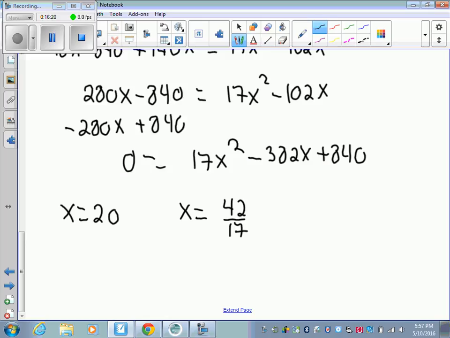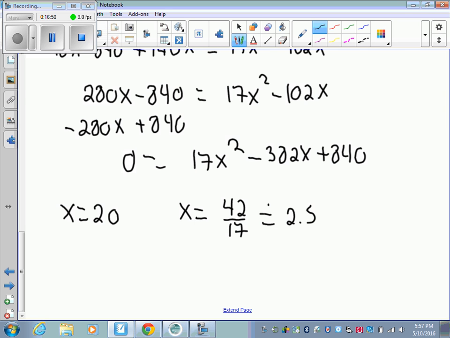So this solution right here, 42 over 17, that's the same thing as about 3 point something, right? Or even 2 point something. So what is that actually? 42 divided by 17, about 2.5, approximately 2.5.